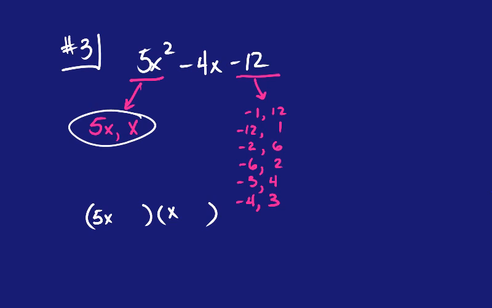Now you have to figure out which combination of these pairs. Is it going to be this one? Is it going to be this one? I'm just not sure. But I want to play this out and think about it before I just start plugging numbers in. I know that I want them to add to negative 4. So this is where you really need to start thinking about where you put the numbers.